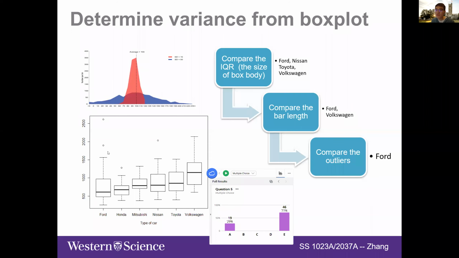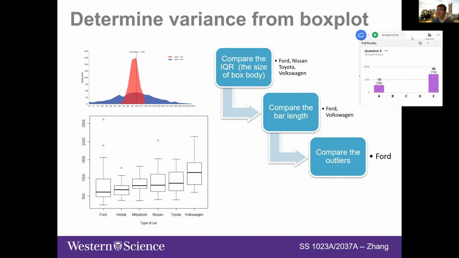As you can imagine, if a dot has a long distance to the center, then this dot will contribute a lot to our standard error. So if we consider the outlier, Ford will have a larger variance. So the question, choose A, got it correct.